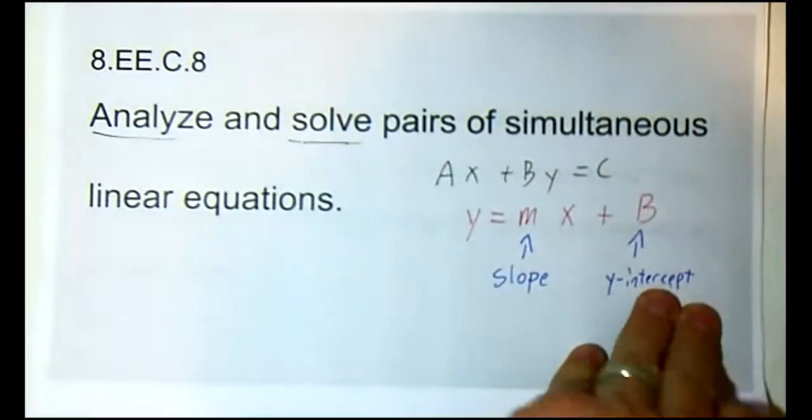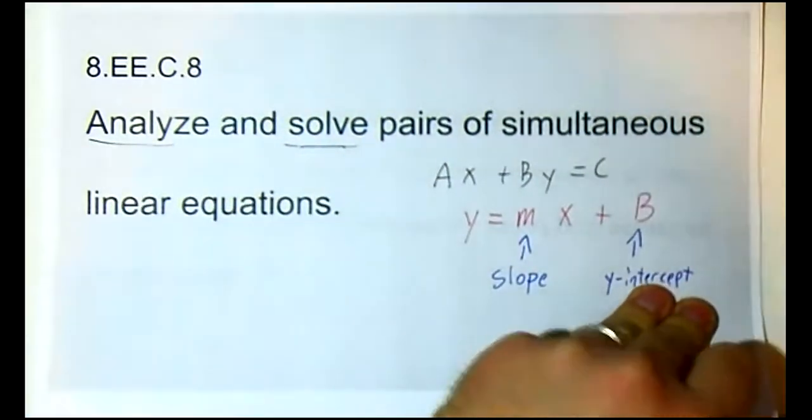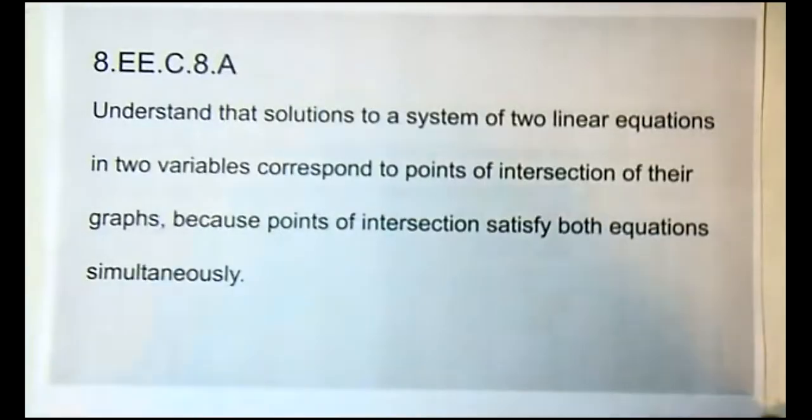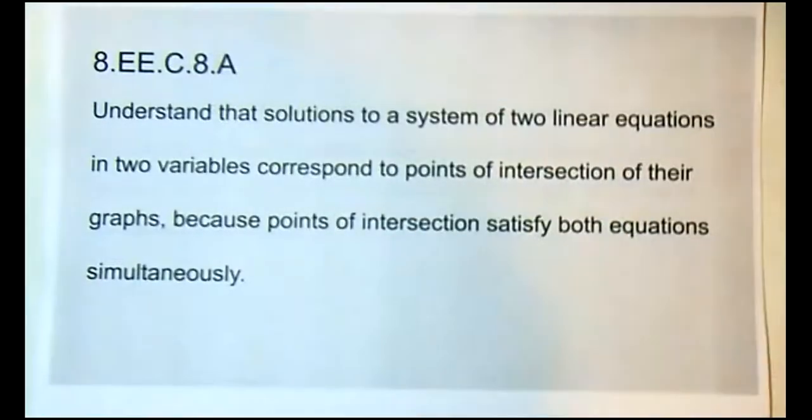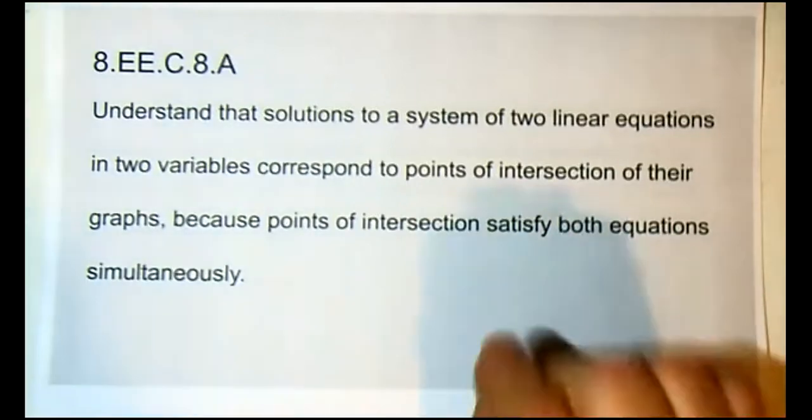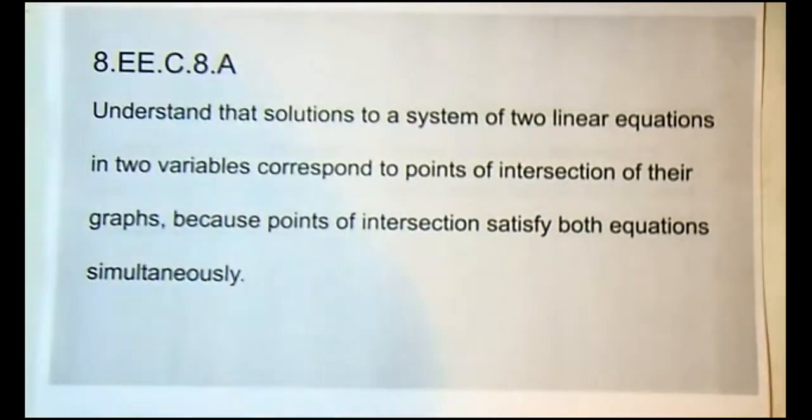All right, our next expressions and equations standard for 8th grade, Unit C, is understand the solutions to a system of 2 linear equations in 2 variables correspond to points of intersection of their graphs, because points of intersection satisfy both equations simultaneously.